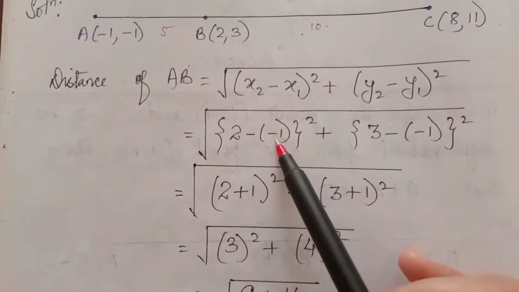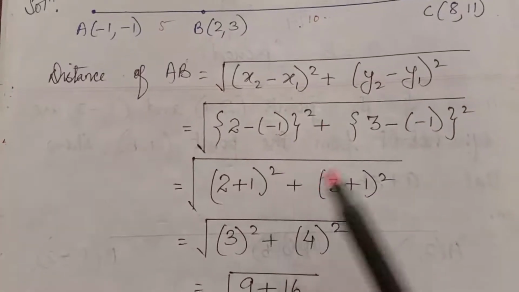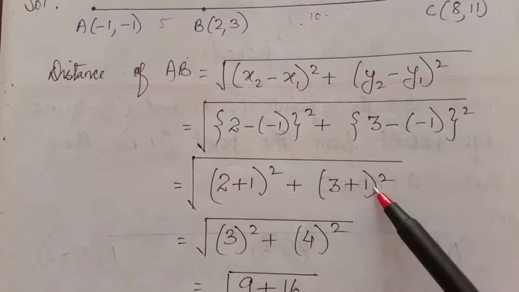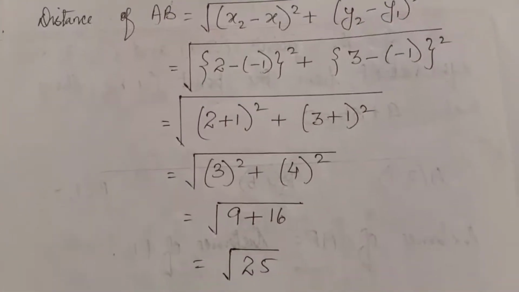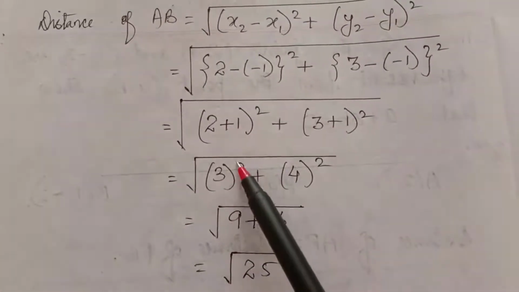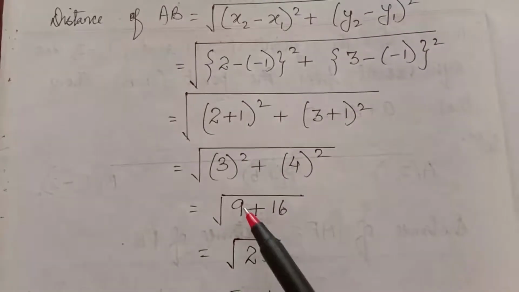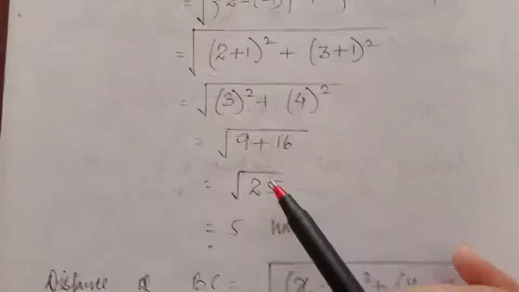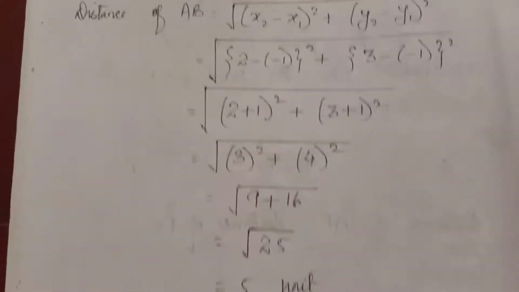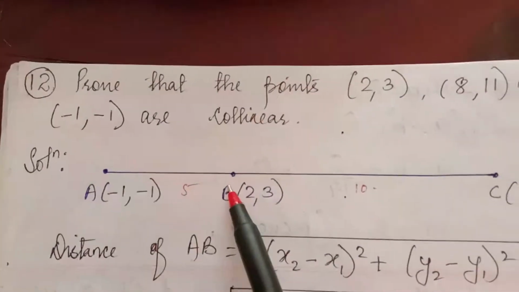Then minus into minus is plus, 2 plus 1 whole square plus 3 minus into minus plus 1 whole square. Now next is 2 plus 1, 3, 3 square plus 4 square. 9 plus 16, 25. Square root of 25 is 5 units. That means the distance between AB is 5 units.